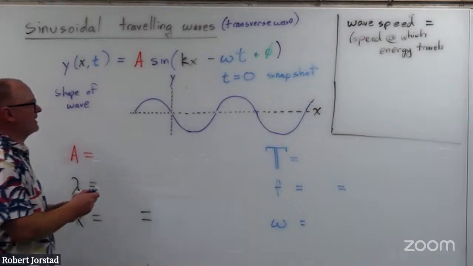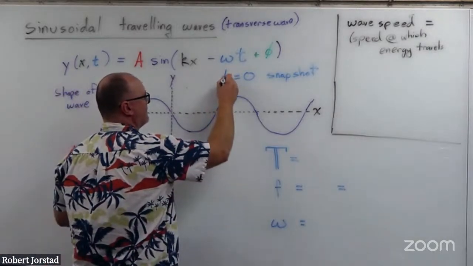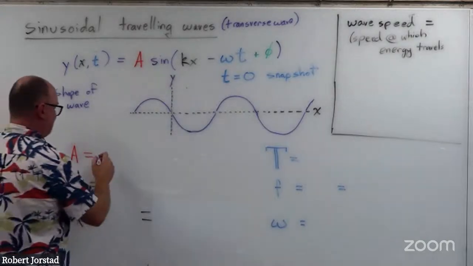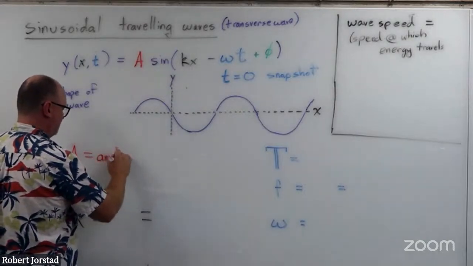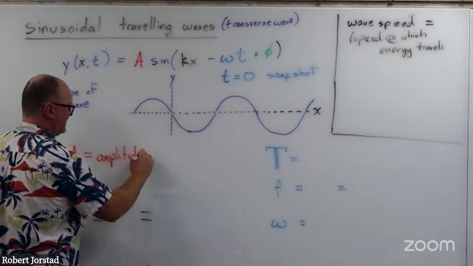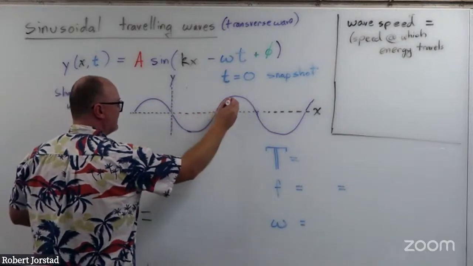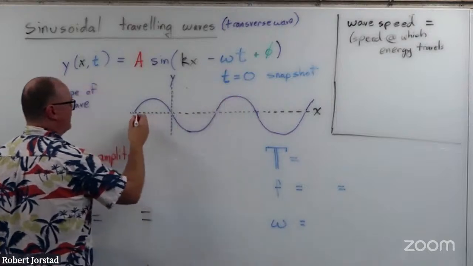And to be clear here, this was the snapshot before we started, at time equal to 0. A is called the amplitude. Just like an oscillation, we have an amplitude. I'm going to try and draw it like this.